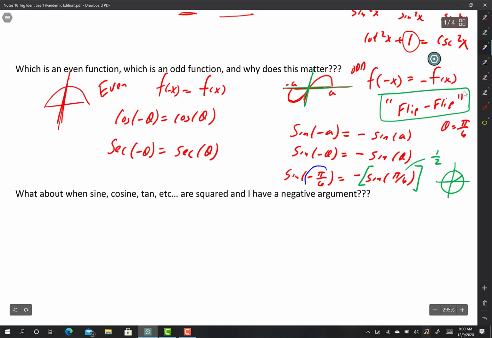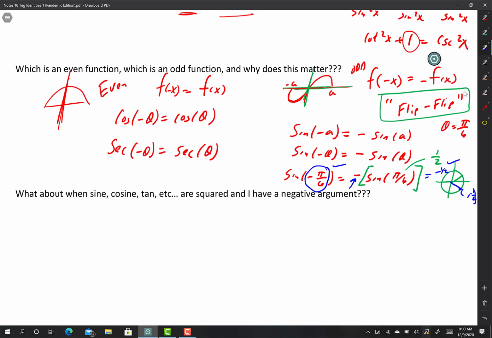And now notice I'm circling it in blue. That's negative pi over 6. So negative pi over 6 is right here. And sure enough, the x value is the same, but the y value here is the negative half. I'm trying to write as best as I can, guys. And then notice we have a negative in the front, so the output of this would be negative half. Good job. It works, guys.